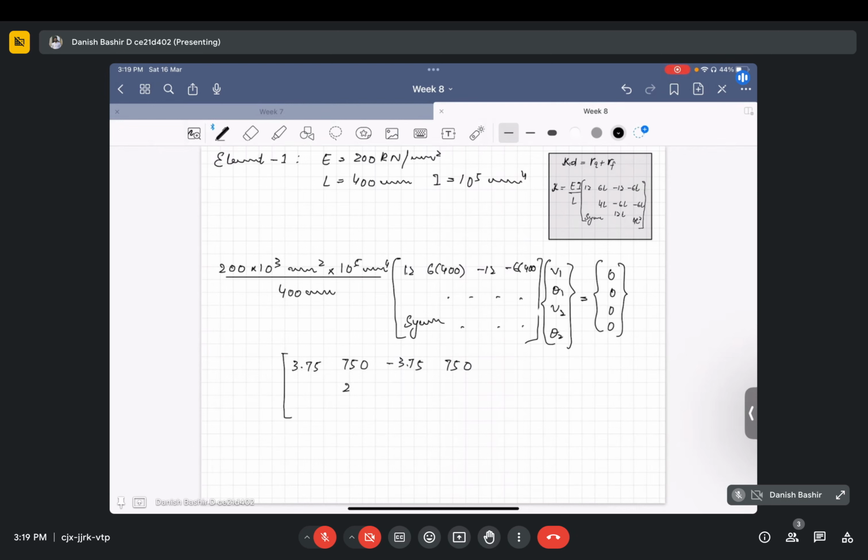I will get 2 into 10 to the power 5, minus 750, 10 to the power 5, minus 750. I will get one more thing, 3.75.